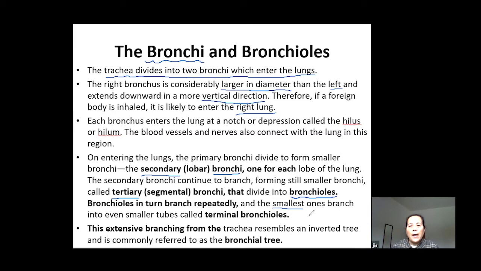The smallest tube in the bronchial tree, we call terminal bronchioles. So from the pulmonary bronchi, it changes to smaller and smaller, looking like a tree. Usually we call it a bronchial tree.